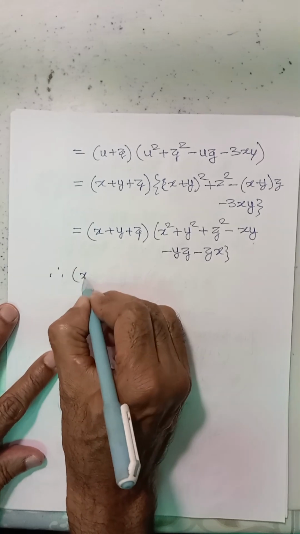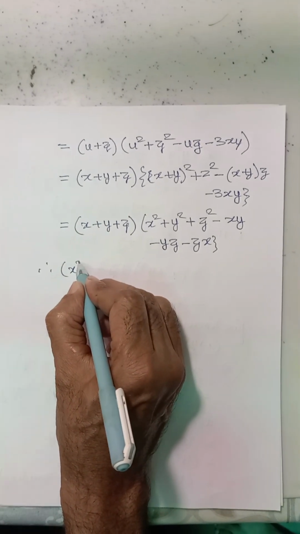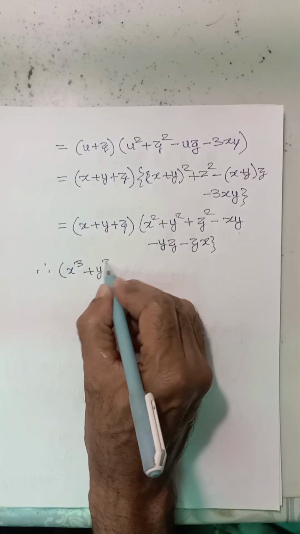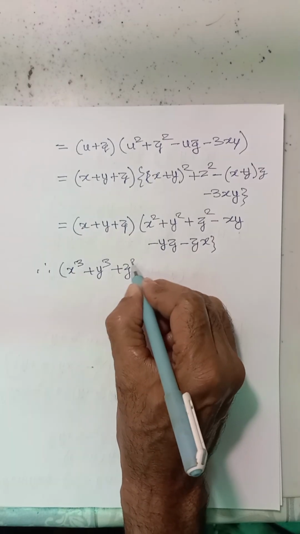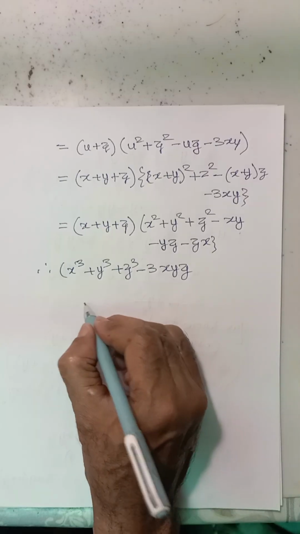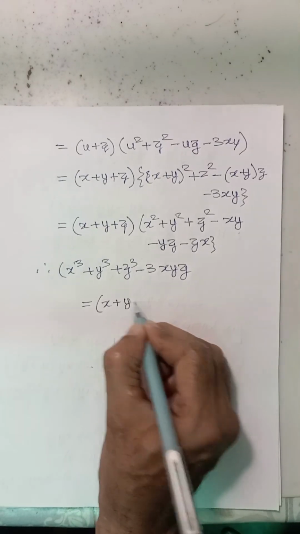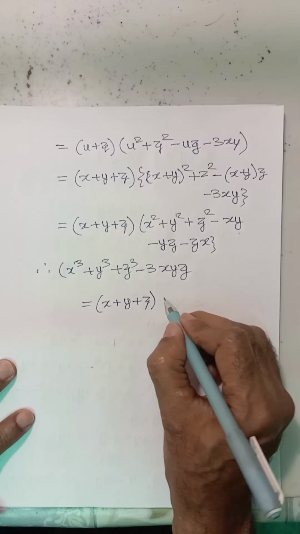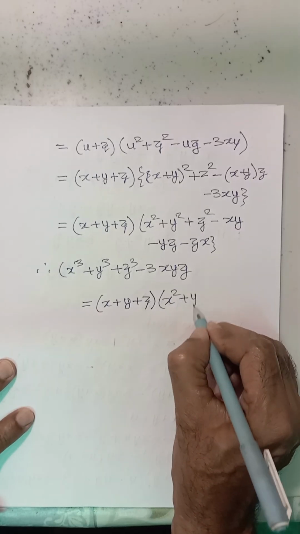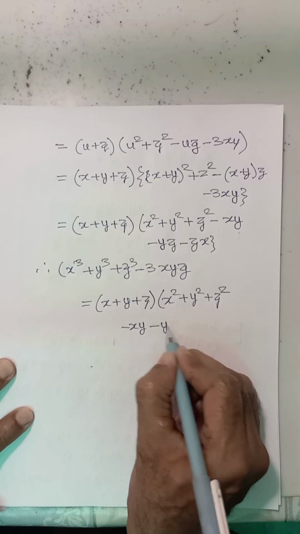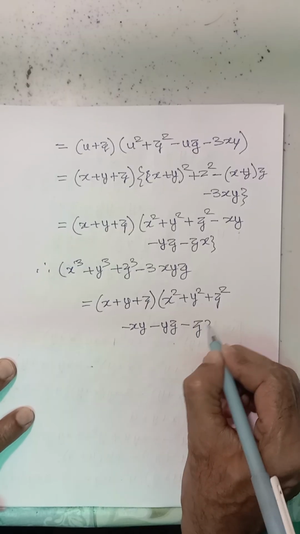Therefore x³ + y³ + z³ − 3xyz will be equal to (x + y + z) into (x² + y² + z² − xy − yz − zx).